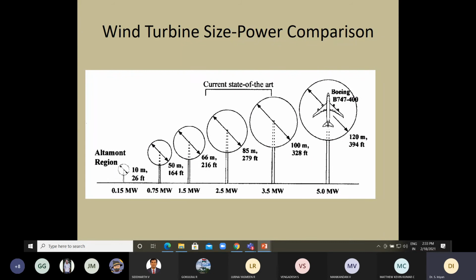Based on these diameters, the power generating capacities vary. Here a diameter of 85 meters can produce 2.5 megawatts, and from the ground to the top of the tip it is 279 feet. If I increase the diameter of the wind turbine, the energy generating capacity may also increase. Here 120 meters diameter, 394 feet from the ground to the top of the rotor tip, can produce 5 megawatts. So you just take down the notes.